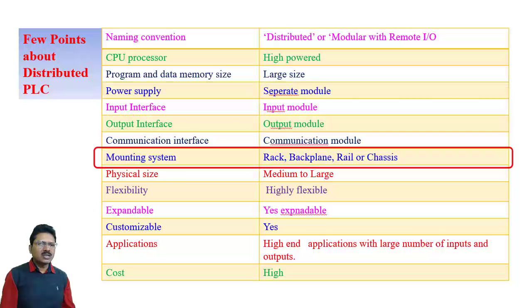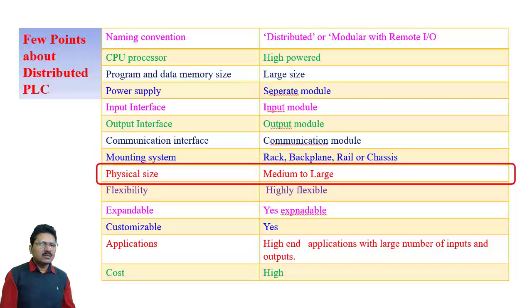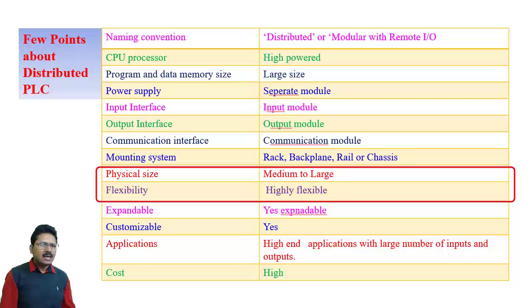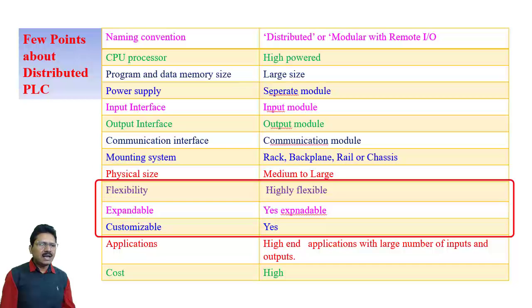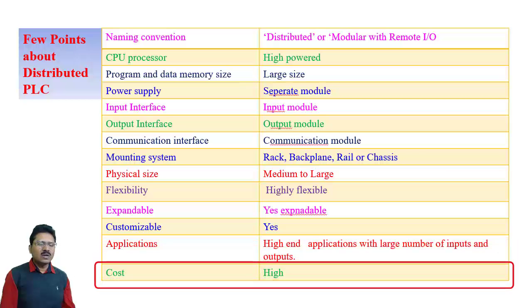Mounting systems normally have rack, backplane, rail or chassis. The physical size is medium or large. It is highly flexible and expandable and also customizable. Applications are in high-end applications with a large number of inputs and outputs, and cost is no doubt higher than others.